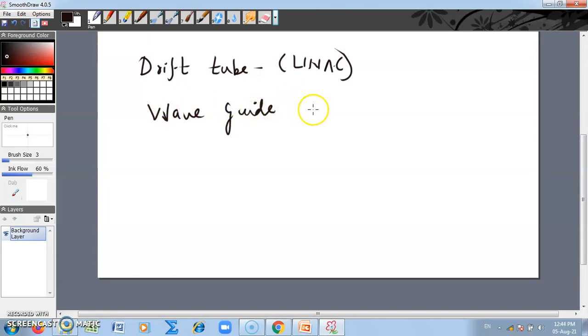Waveguide type is also there, drift tube type is also there. So the waveguide is a type where an electromagnetic field is established here. So here this was just electrostatic, here electromagnetic, and the electromagnetic wave guides the particle, and this is slightly more complex than the drift tube, but for our discussion at the undergraduate level, we will confine ourselves to the drift tube type only.